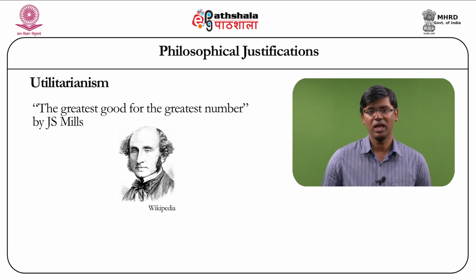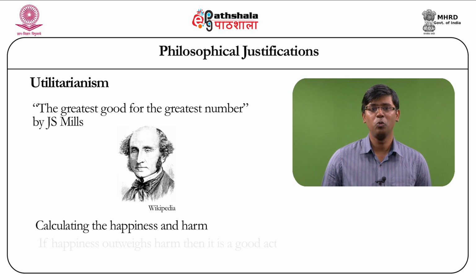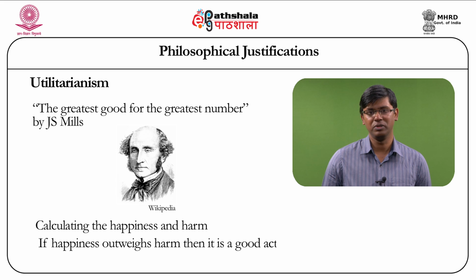Now, how do you calculate whether a particular act is good? Mill said you have to count the amount of happiness a particular act causes and the amount of harm it causes. If you weigh the harm against the happiness, and the happiness outweighs the harm, then such an act would be a good act.